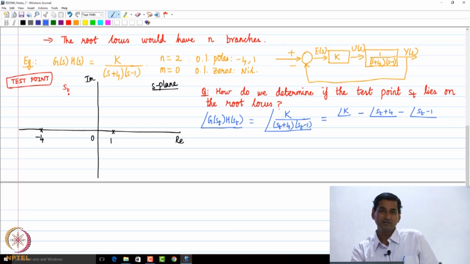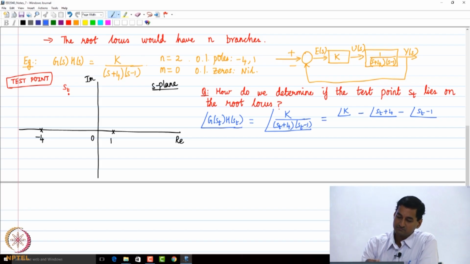Now, if I want to figure out the phase of St + 4, how would I do that? What is St + 4? I can write St + 4 as St minus of minus 4. What is St?